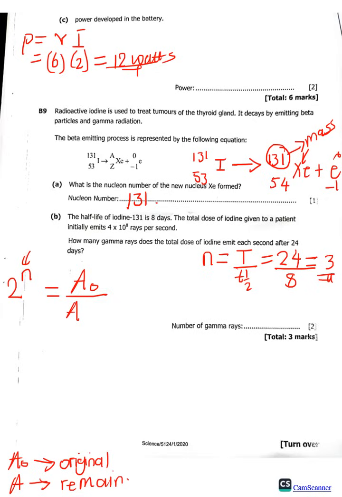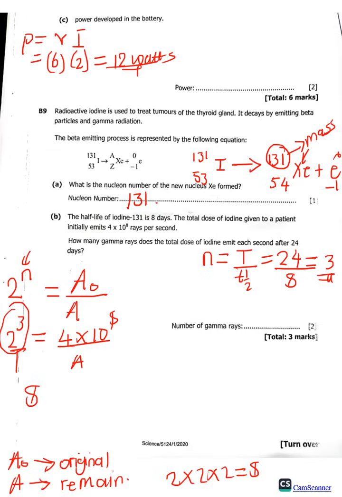So we can now substitute. It's 2 raised to the power 3 is equal to the original total dose, 4 times 10 raised to the power 8, over A. Now 2 raised to the power 3 is 2 times 2 times 2, which is equal to 8. So 8 times A, 8A, is equal to 4 times 10 raised to the power 8.